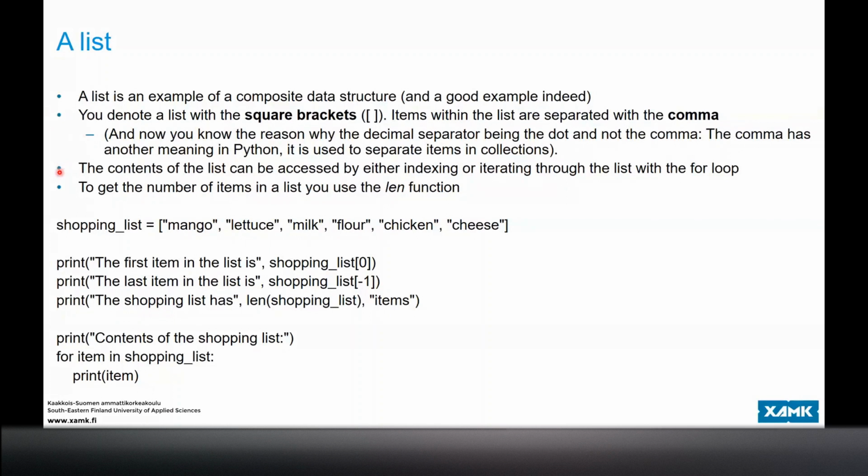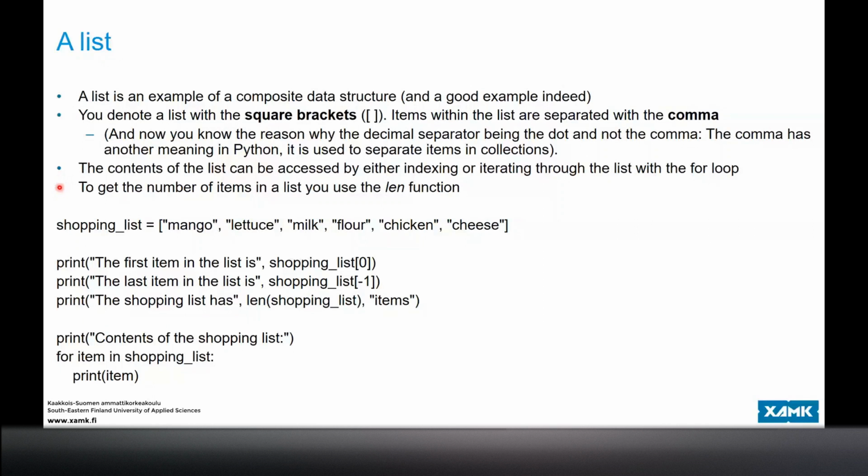The contents of a list can then be accessed either by iterating through the list or using the individual list indexes. And if we want to get the number of items on the list, we can use a special function called len, and len stands for length.